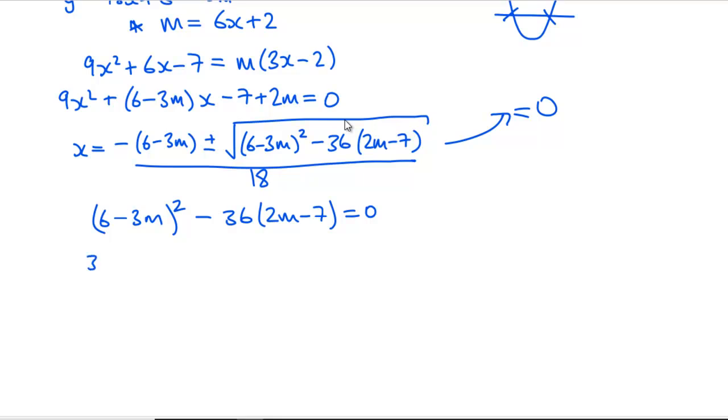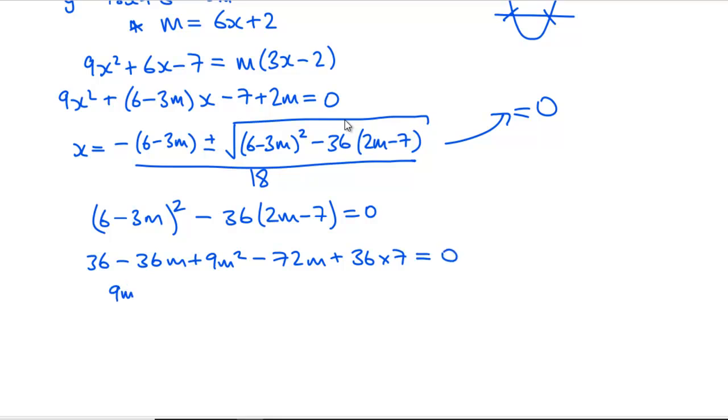So we've got 36 minus 36m plus 9m squared minus 72m plus 36 times 7. It's got to be equal to 0.